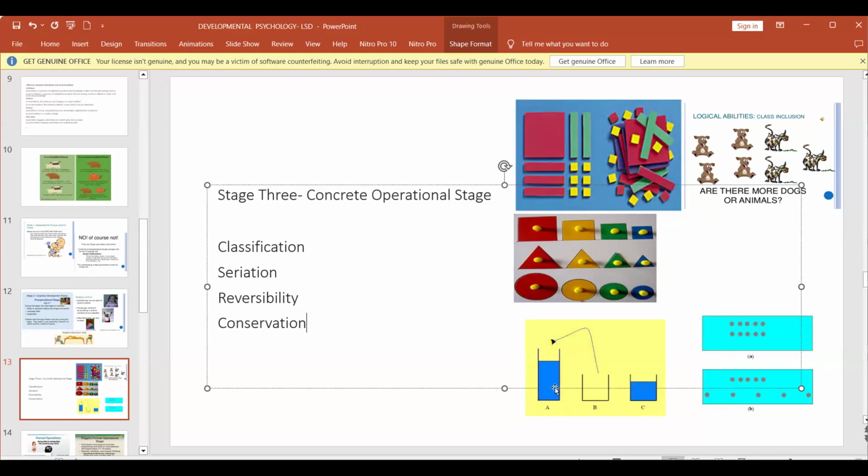If you ask the child which glass has more water, and the child says A has more water, the child has not developed the concept of conservation. But if the child says both have the same, because this is short and spout, this is tall and thin, but it is the same amount you poured, the child has developed the concept of conservation.